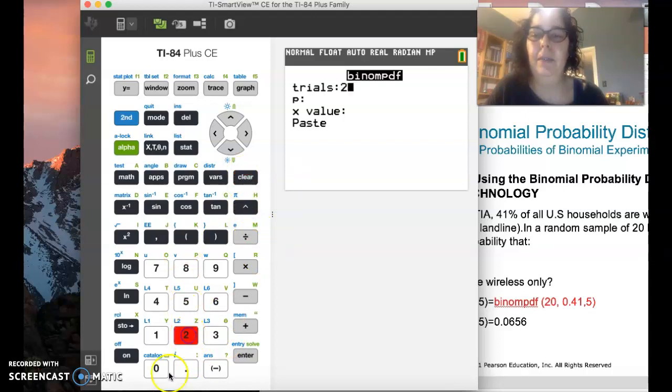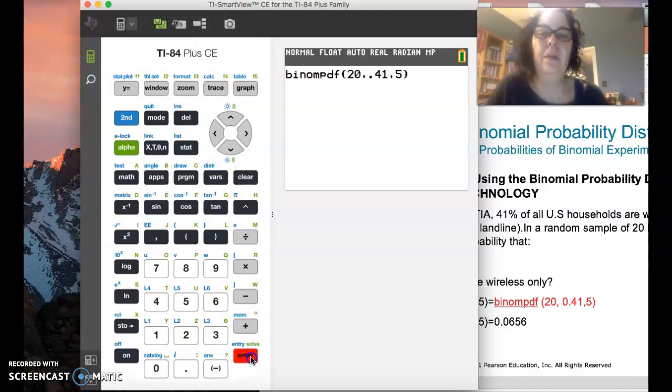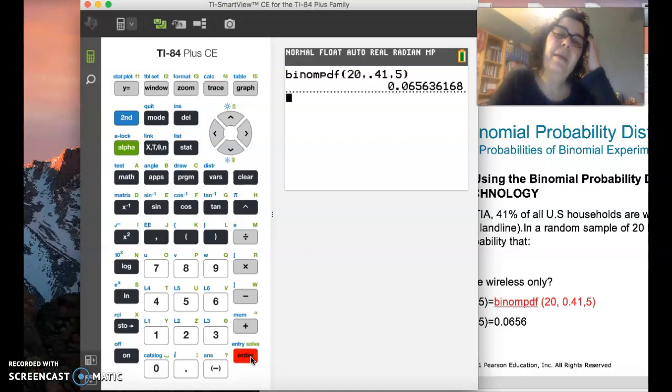I can enter. All right, 20. Nice. So enter. Probability 0.41. Okay. Enter. What do we want? We want the x value to be 5. Okay. Paste. Enter. Enter. So that's the probability.